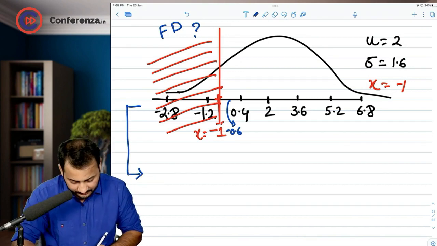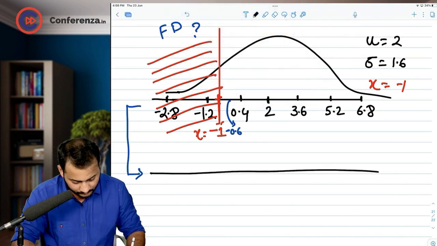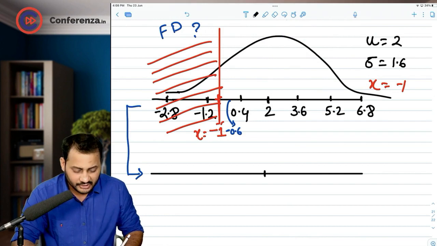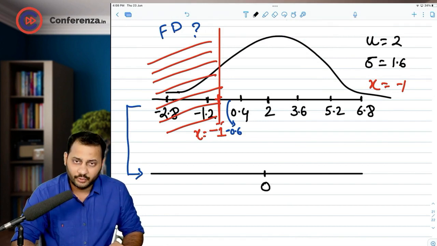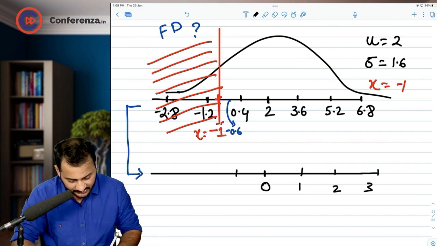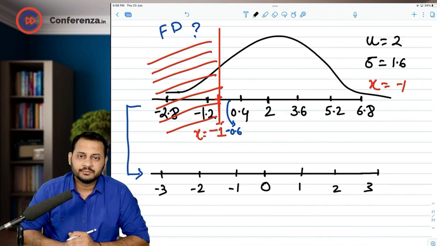So let's do that. In the standard bell-shaped curve, mean starts from 0. Then comes the 1 standard deviation, 2 standard deviation and 3 standard deviation. On this side comes minus 1 standard deviation, minus 2 standard deviation, minus 3 standard deviation.